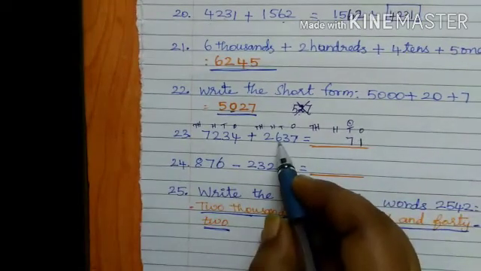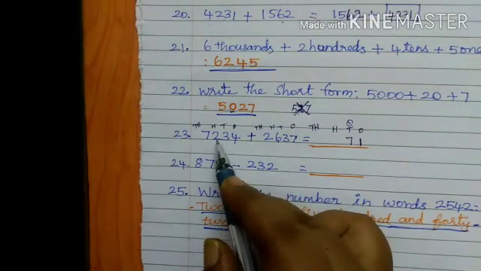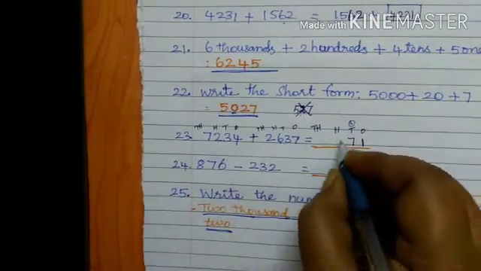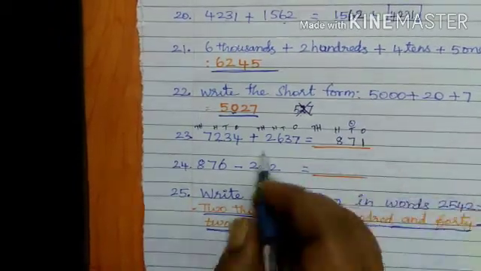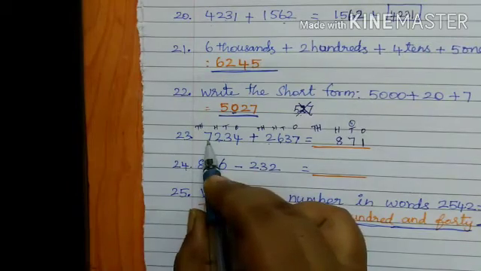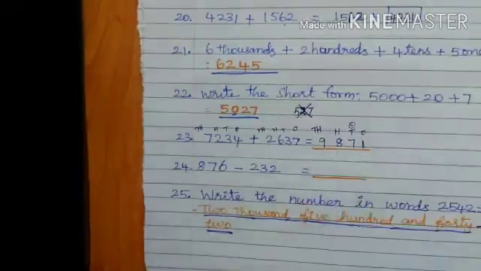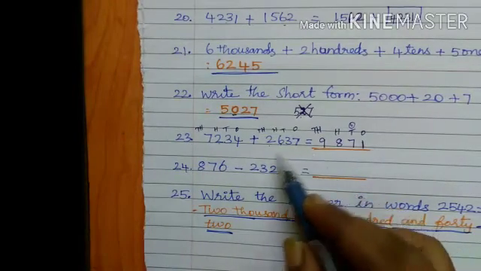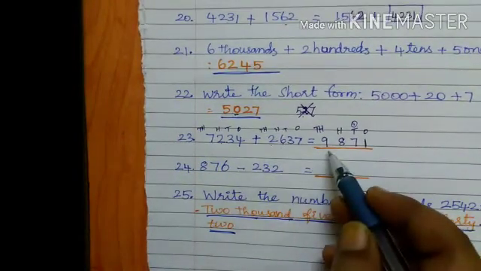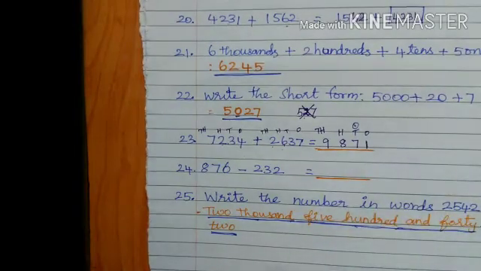Then next, hundreds place 6, here hundreds place 2. 6 plus 2, yes 8. Then next, thousands place 2, thousands place 7. 7 plus 2, 9. Write 9 in the thousands place. So you get the answer now. These two numbers added give 9871.